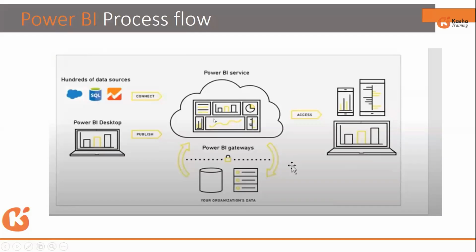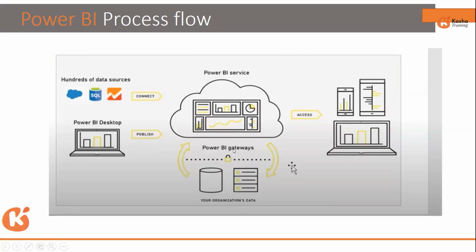But in the Power BI service, there is access control, which is called gateways. Why do we provide gateways? Because we have to secure the data. It is not free for everyone; only people in your organization can access it. That is the secure gateway control.